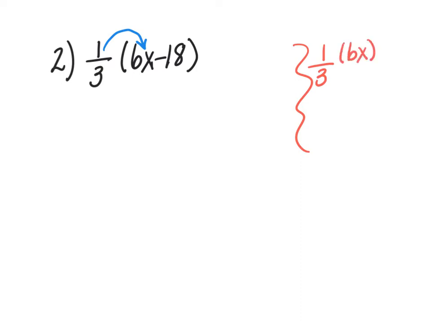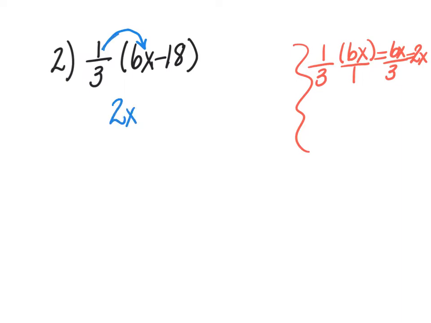Now notice that the 6x doesn't look like a fraction, but I can put the understood 1 underneath it and just multiply straight across. 1 times 6x is 6x, and 3 times 1 is 3. And when I simplify 6x divided by 3, I get 2x. So the first term simplifies to 2x.